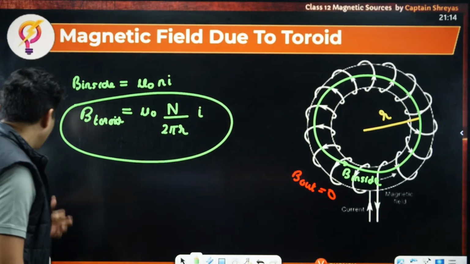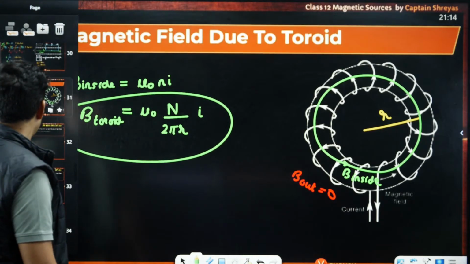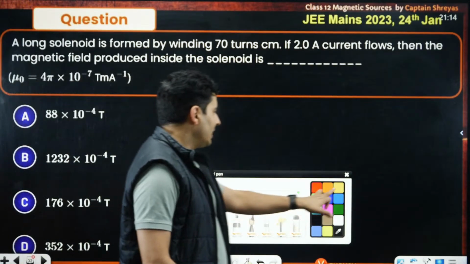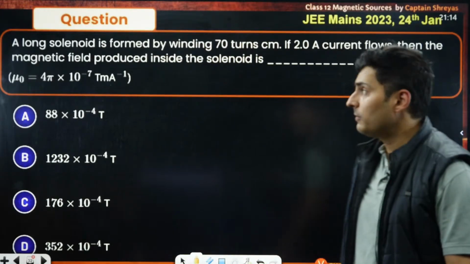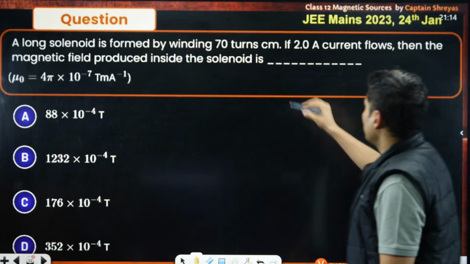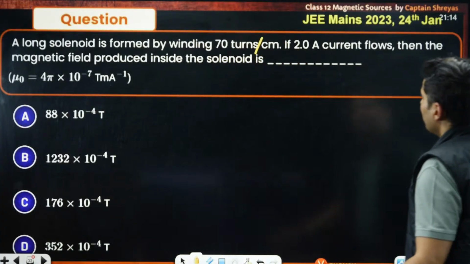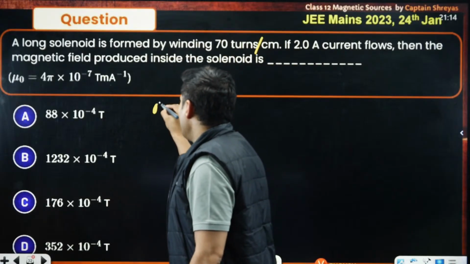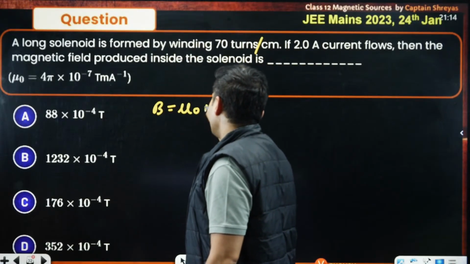Okay. Right. Let's do some questions coming up on your screen right now. And here is the first question. Let's see if you can solve. A long solenoid, 70 turns per centimeter, the word per is missing I think. If 2 ampere is flowing, then the field is how much? Magnetic field is mu naught Ni, that's it.